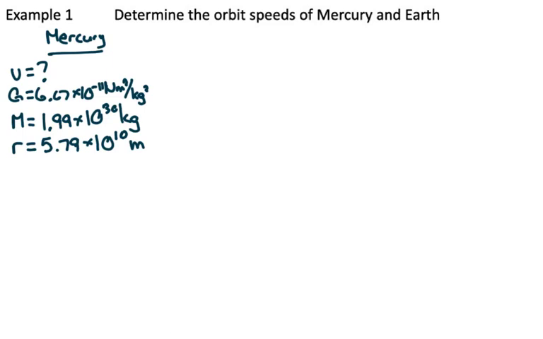The equation for orbital speed, V equals square root of GM over r.